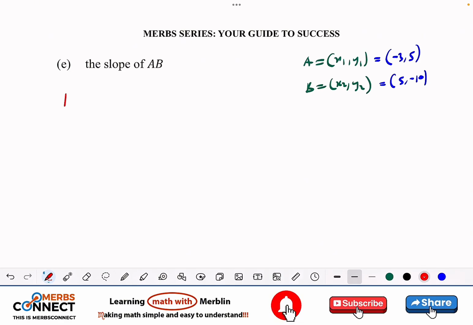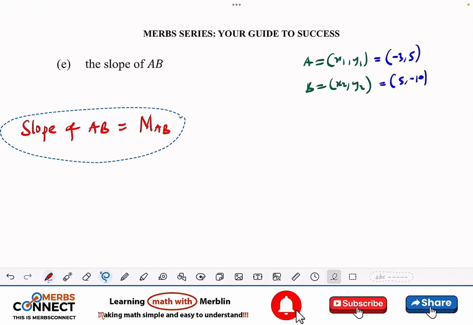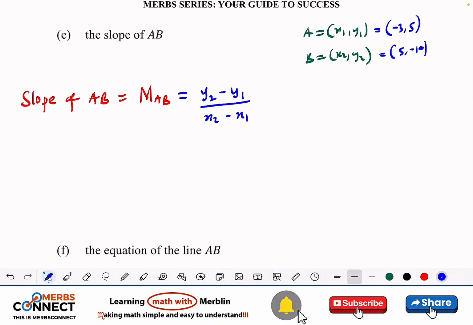So slope of AB, right? We can write it as m_AB. Now this is equal to something very simple. We know that it's just changing x and changing y, right? So y2 minus y1 divided by x2 minus x1. Is that right?